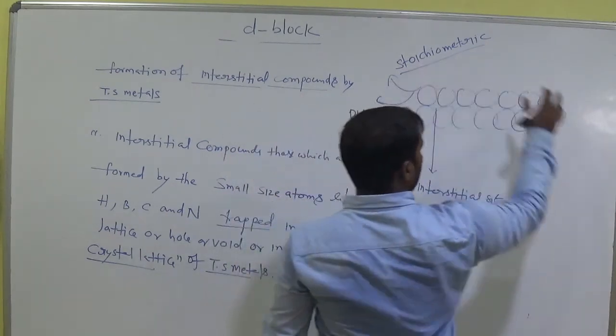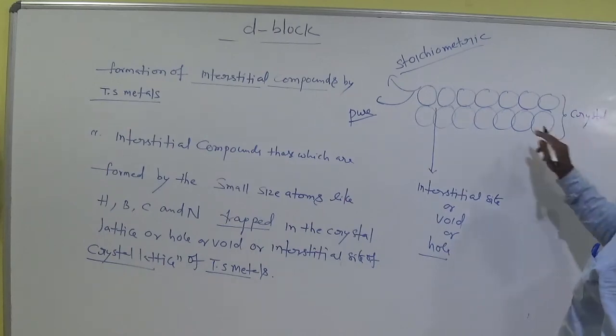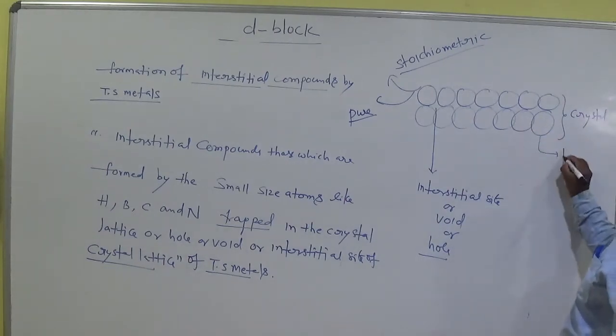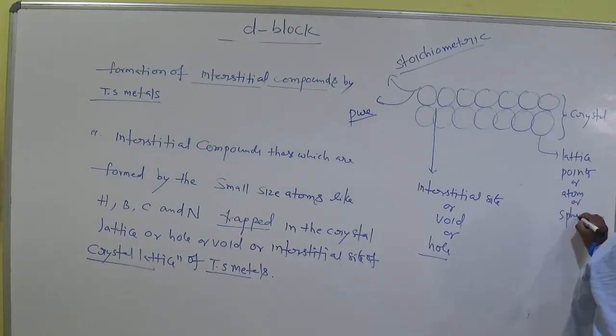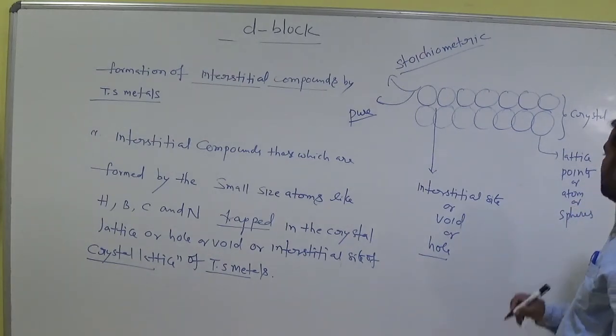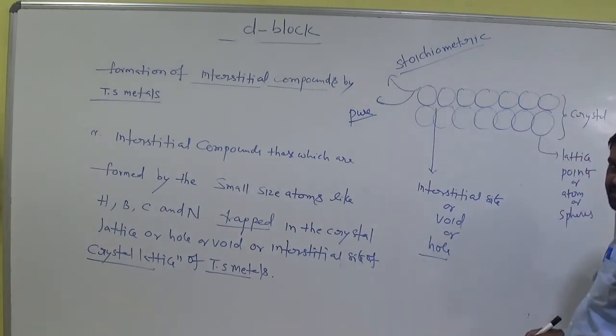This entire thing is called the crystal, and these are called lattice points or atoms or spheres. Also we call them lattice points.